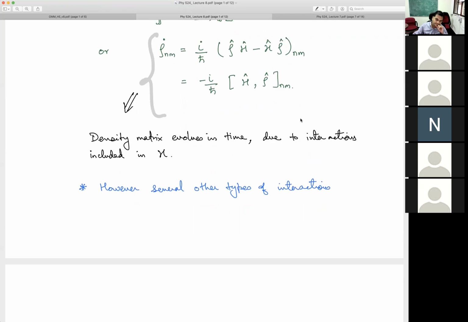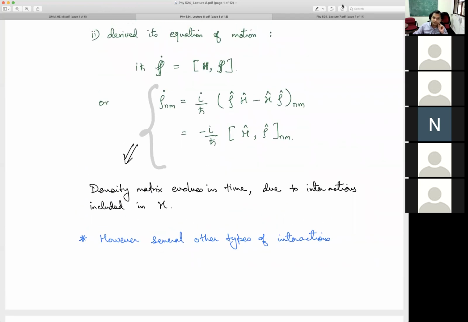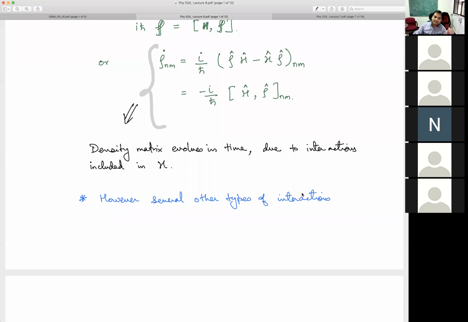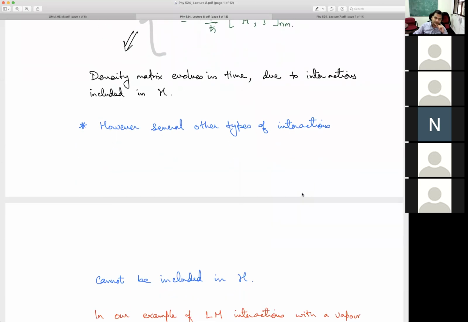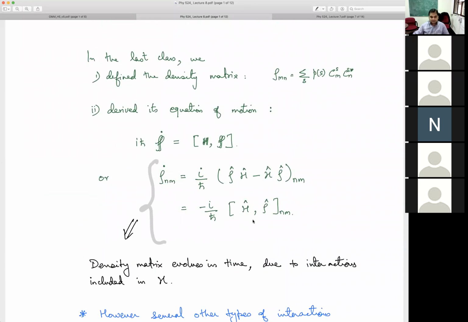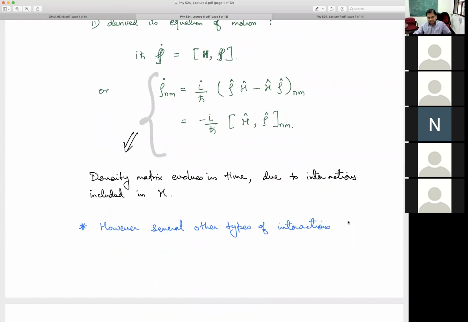This is the evolution of the density matrix with time, including the interactions. We explicitly did this in the class last time.